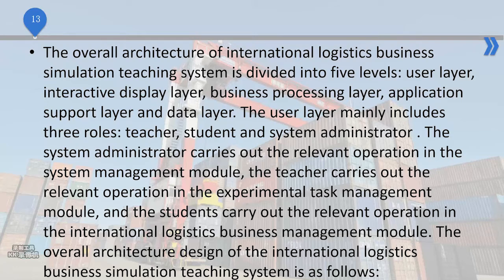The system administrator carries out the relevant operations in the system management module. The teacher carries out the relevant operations in the experiment task management module, and the students carry out the relevant operations in the international logistics business management module. The overall architecture design of the international logistics business simulation teaching system is as follows.